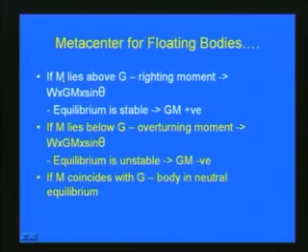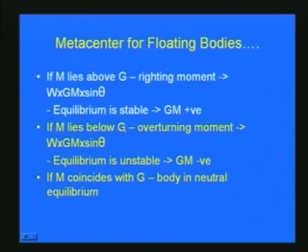So, if M, the metacenter, lies above G, then there is a righting moment equal to W, the weight of the floating body, times GM, the metacenter height, times sin theta. The body is in stable equilibrium if GM is positive.